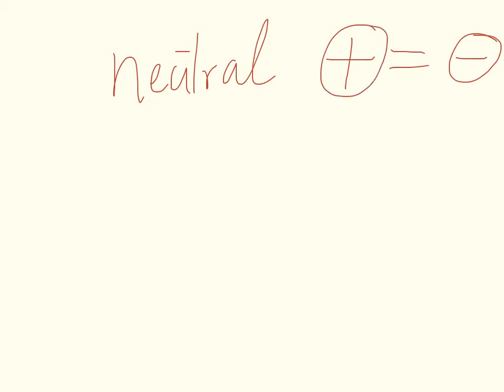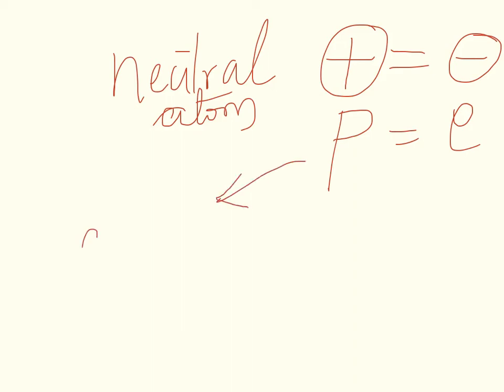That means that the number of protons, which are positively charged, is equal to the number of electrons. That is known as a neutral atom. So for a neutral atom, if you think about it, the atomic number, which is the number of protons, is also equal to the number of electrons.